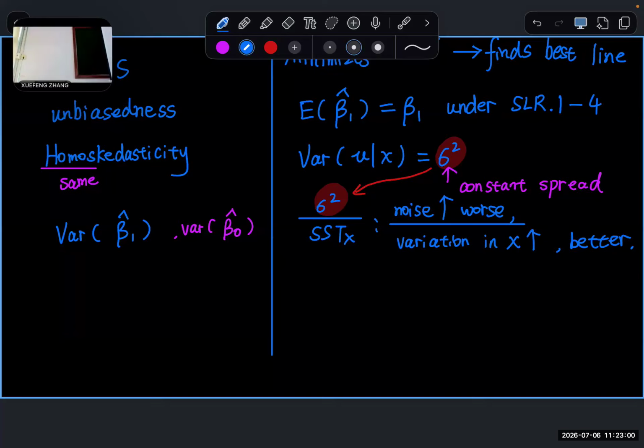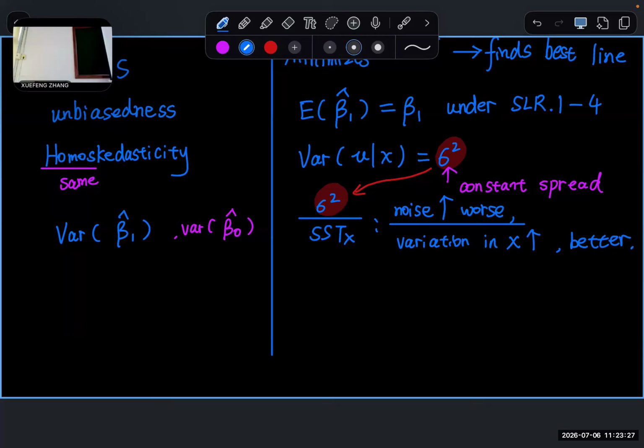Of course, we want this one to be as small as possible, okay? So here, the formula for variance of beta 1 hat is sigma square over SSTX. The numerator, the upper part, means the noise from the mu, okay? If the noise increases, of course, that means our variance of beta is worse. Because the numerator increases, the whole thing is going to increase, right?